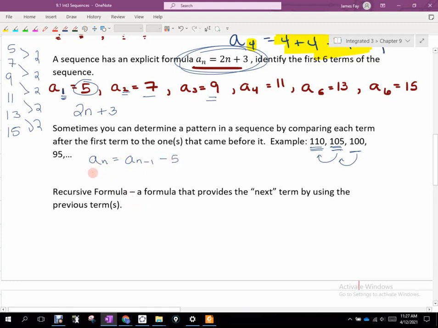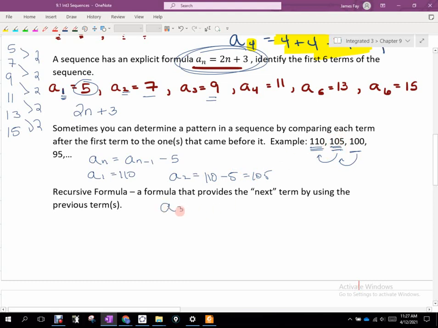Okay? So if a sub 1 was 110, then a sub 2 is the previous term, which is a sub 1, so I go 110 minus 5. Does that give me the 105 that is in the second spot?